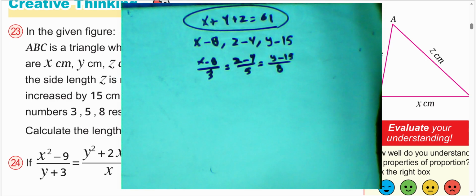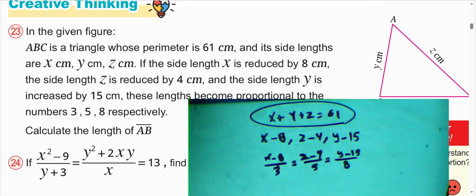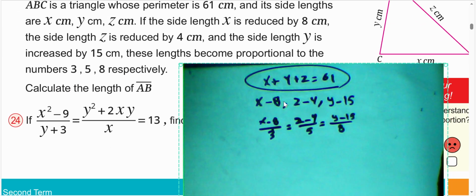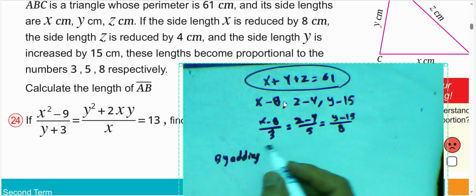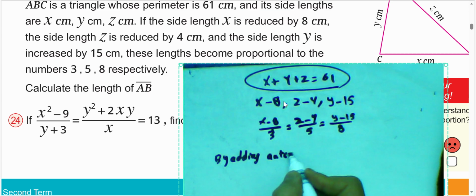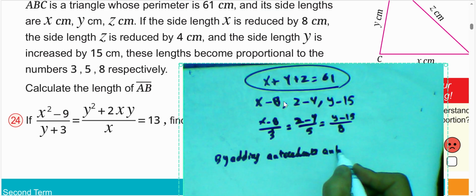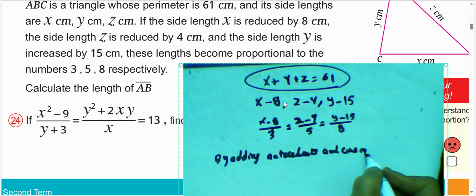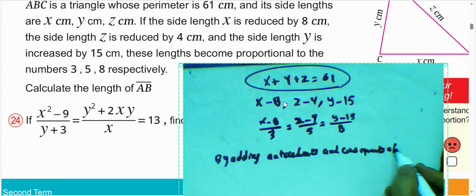So to solve the example we can write it by adding antecedents and consequents of the three ratios.